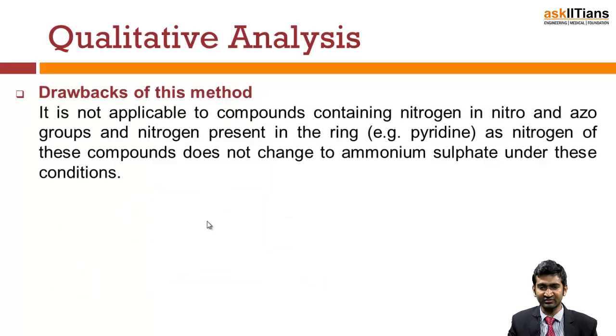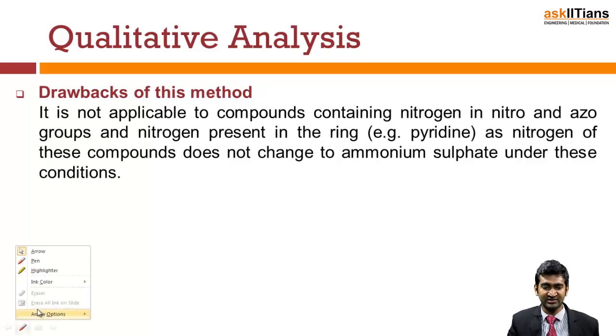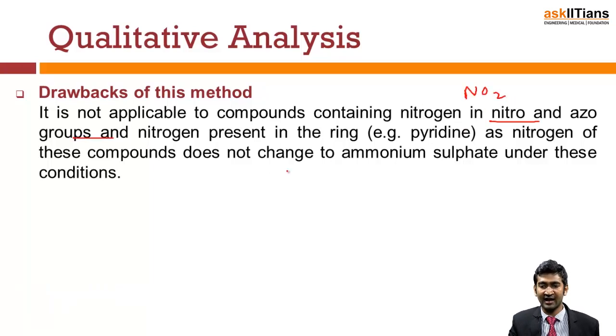But what is the drawback of this method? The drawback of this method is that it is not applicable to those compounds of nitrogen which contain nitro and azo groups, meaning if you have NO2 there and an azo group, 2 rings attached like that, then this is not valid.